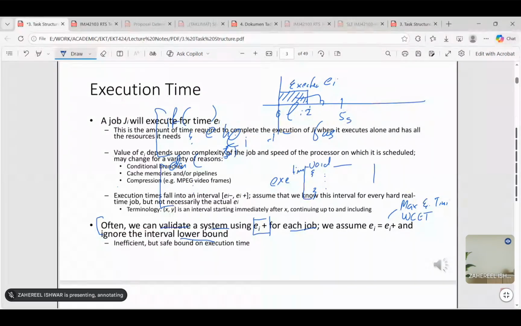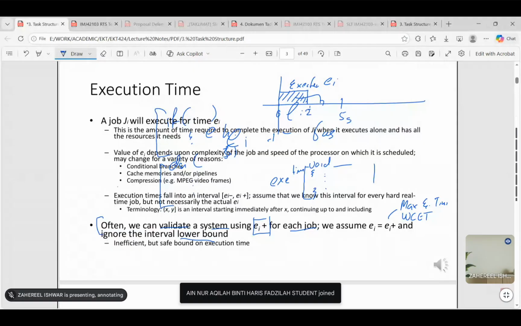Murphy's law states that, right? I mean, if I take the larger execution time, definitely it will happen. Maybe it doesn't happen all the time. I mean, maximum execution time. Let's say if you run the same job for 100 times, maybe the maximum execution time only happens once.